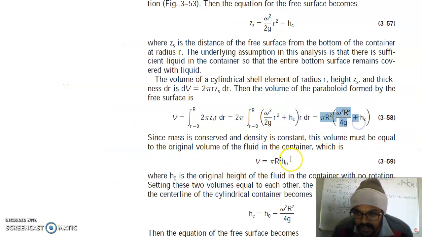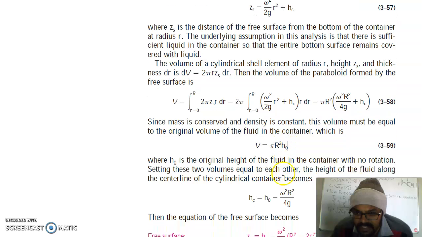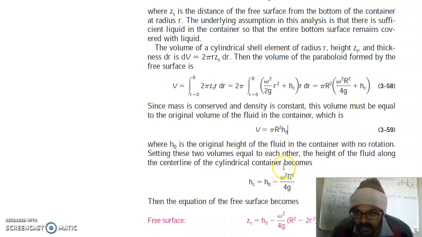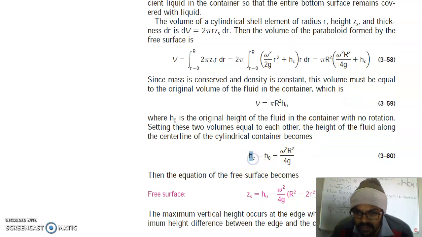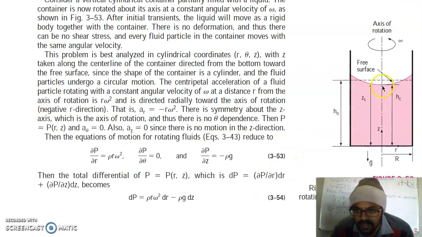Upon equating, you will get H0 is equal to HC plus omega square r square by 4g. Now HC is equal to H0 minus omega square r square by 4g, where HC is height of the fluid in the container at the axis of rotation.